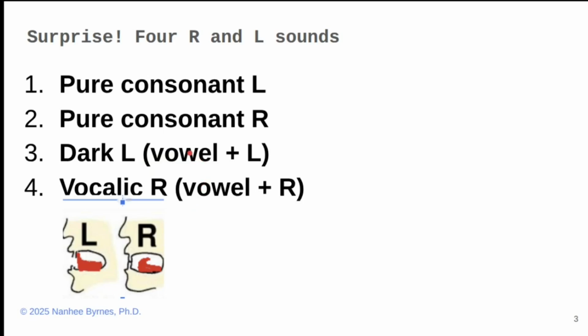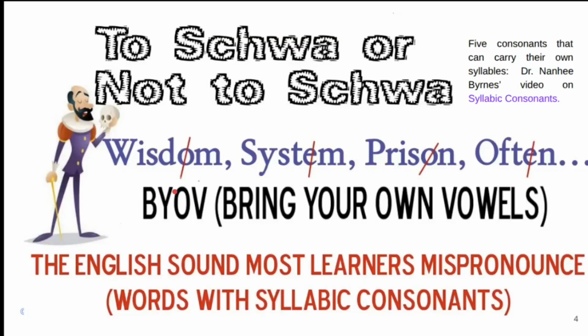Some linguists call these syllabic consonants because they function almost like mini-syllables. English has 5 consonants that can act this way. If you want the full explanation, check out Dr. Nanhi Burns' lecture video on syllabic consonants.